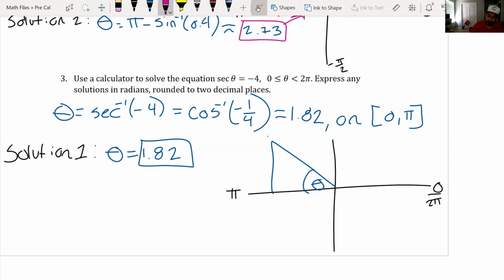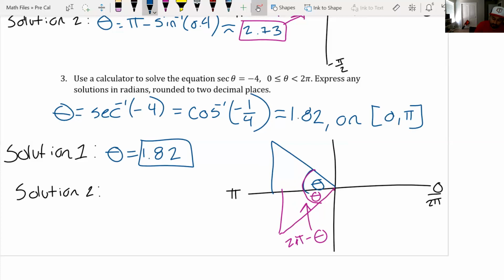So in order to get this angle into quadrant 3, I must say 2 pi minus theta. That's how we do it. So this becomes solution 2.